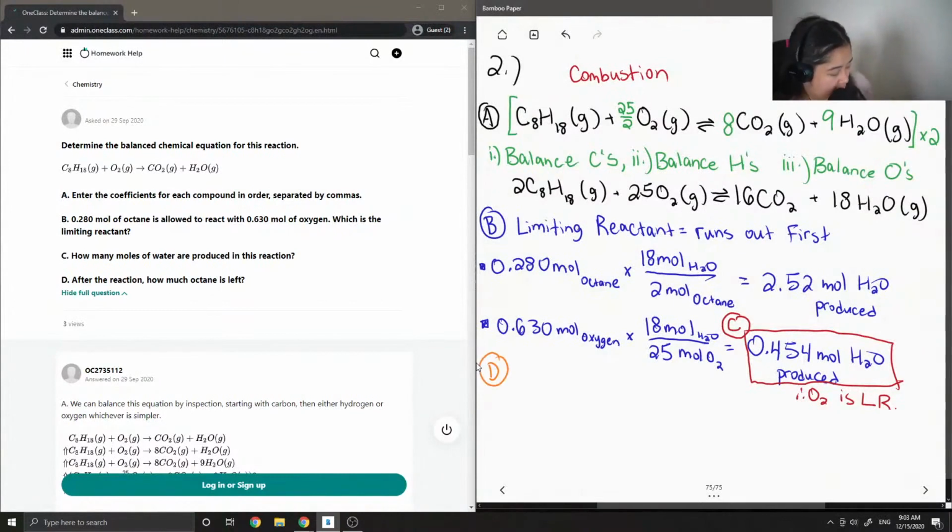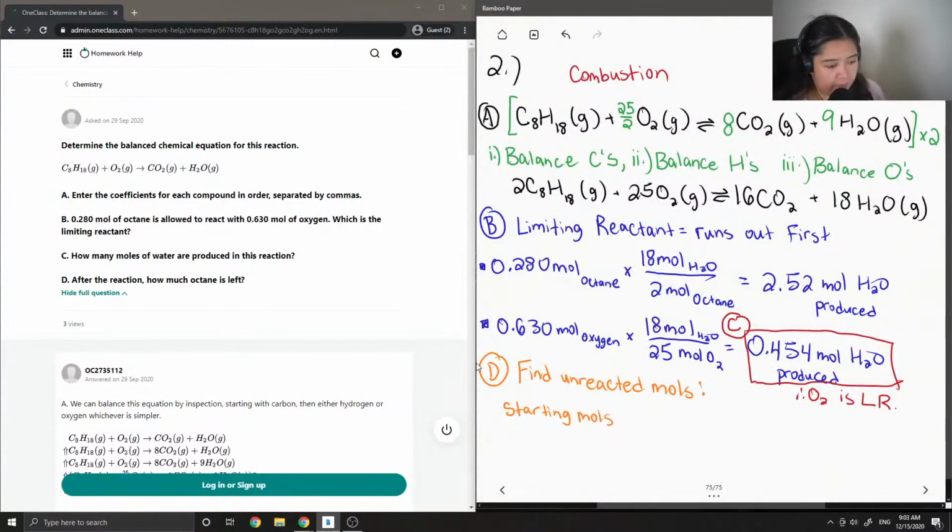After the reaction, how much octane is left? So basically, we have to find the unreacted moles. So to do this, it is just your starting moles.